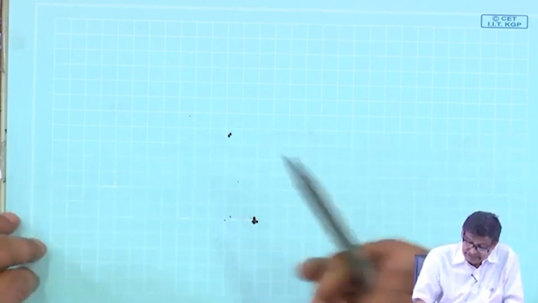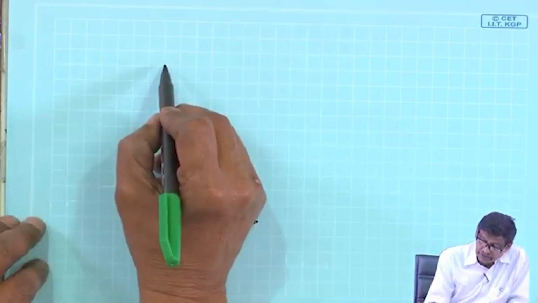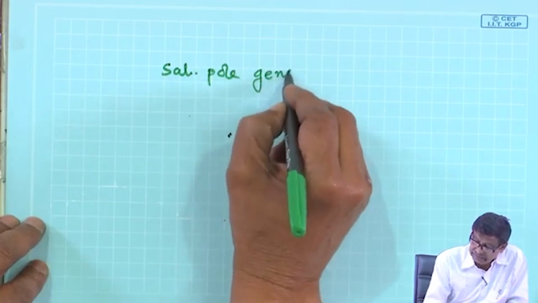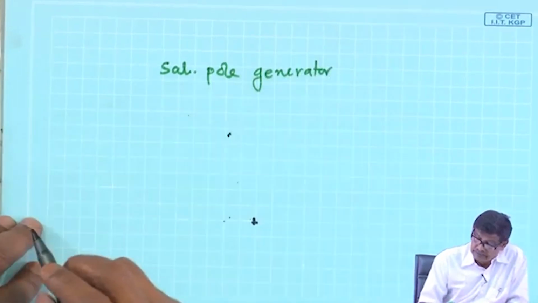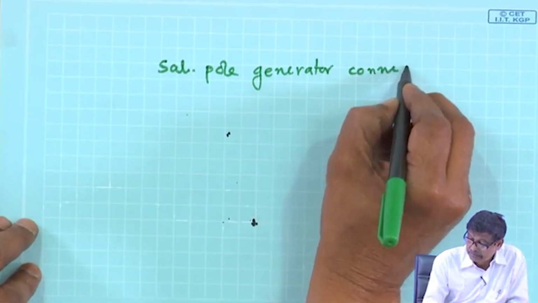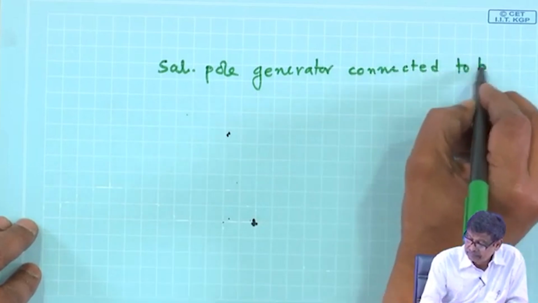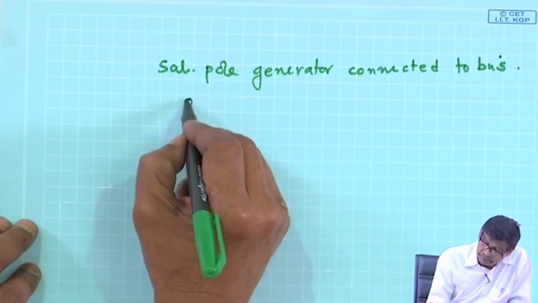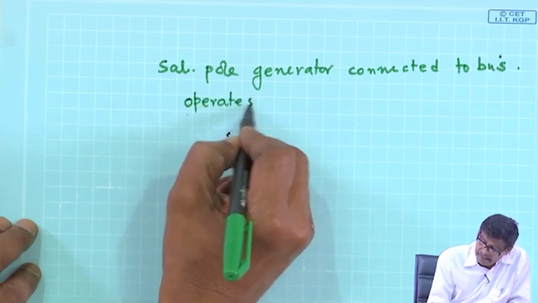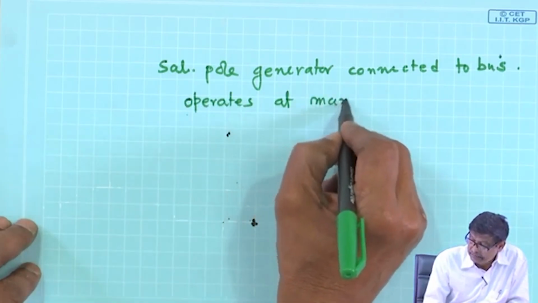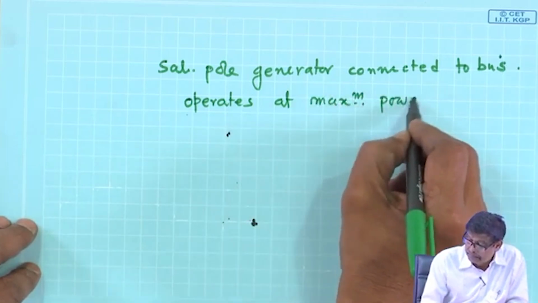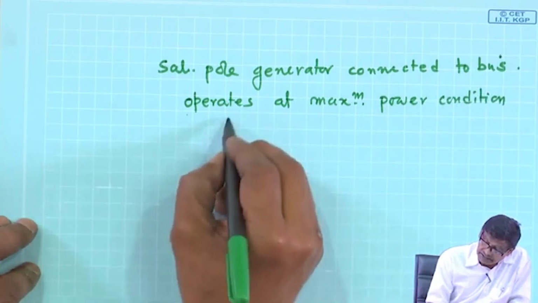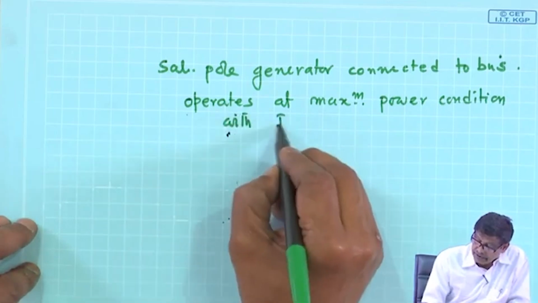Suppose I say, one example I am giving as the last thing: a salient pole generator connected to bus operates at maximum power condition with IF equal to 0.